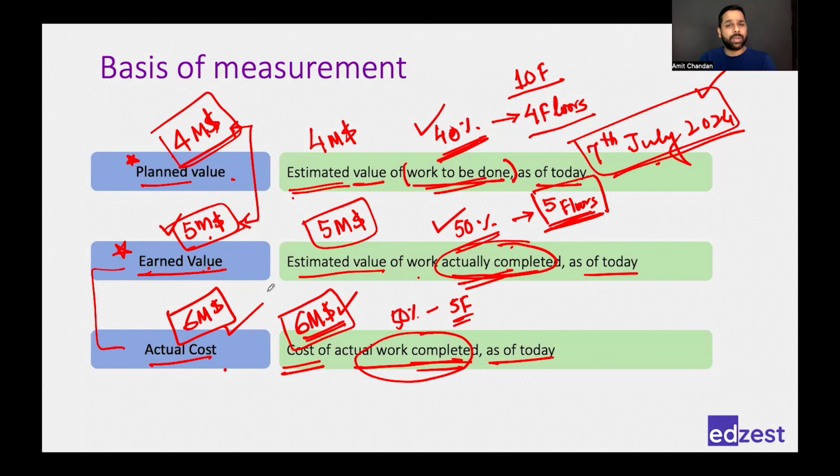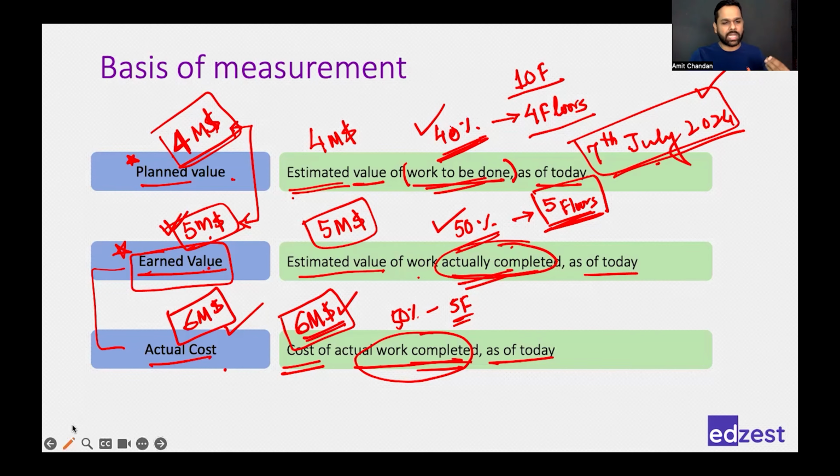I'm not saving money. I'm spending more. While when we compared the planned value and earned value, our plan was to do work worth $4 million. But actually, we did more work, and we earned $5 million. Now you will see the value of earned value and the value of converting everything into dollars.